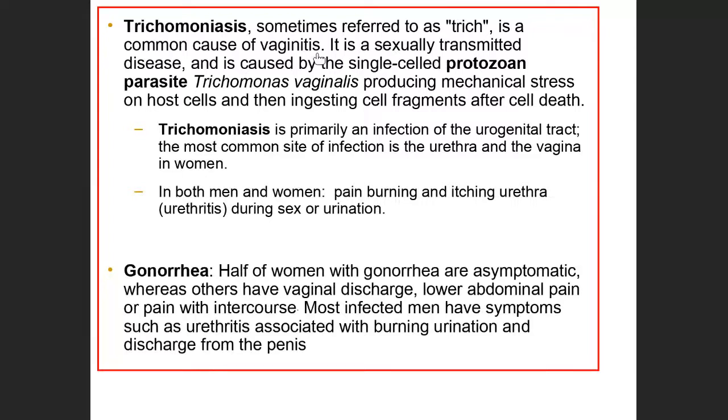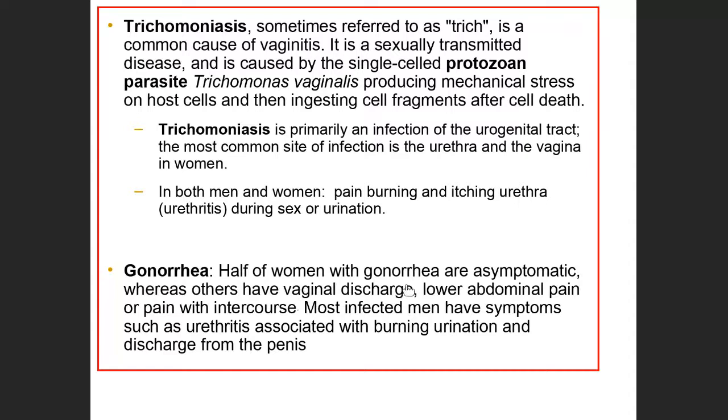Very common causes of vaginitis in females. It is a sexually transmitted disease. Trichomoniasis is caused by a single cell protozoa parasite, Trichomonas vaginalis. And I think that's pretty much self-explanatory down here.